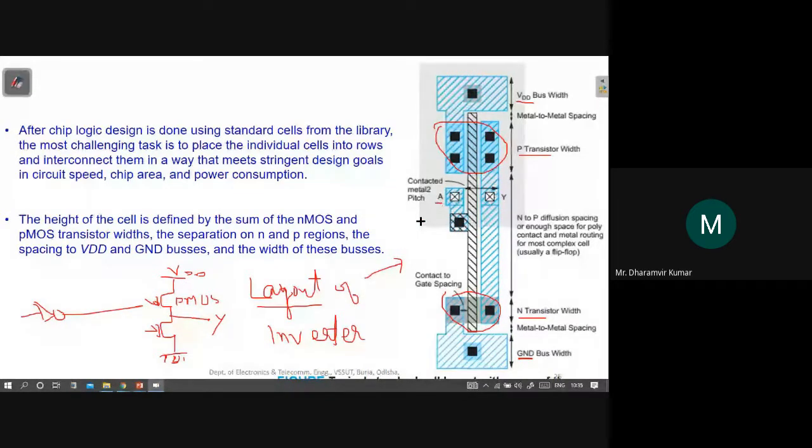The output is taken from the common point between PMOS and NMOS. This blue color line is actually the metal layer which is connecting the drain of this PMOS to the drain of this NMOS, and output is taken from here.